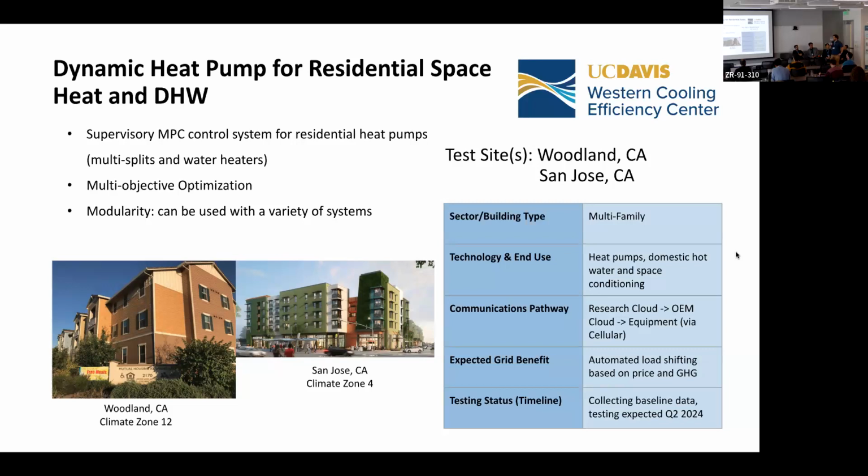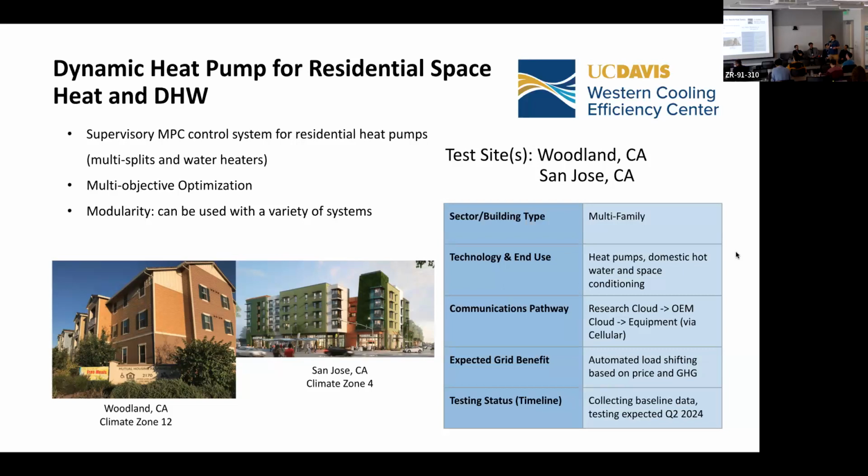Within this CalFlex Hub project, we're using the same control system with a few modifications to individually control multi-splits and heat pump hot water heaters. Within our MPC, we're using multi-objective optimization to optimize for both price and carbon emissions.